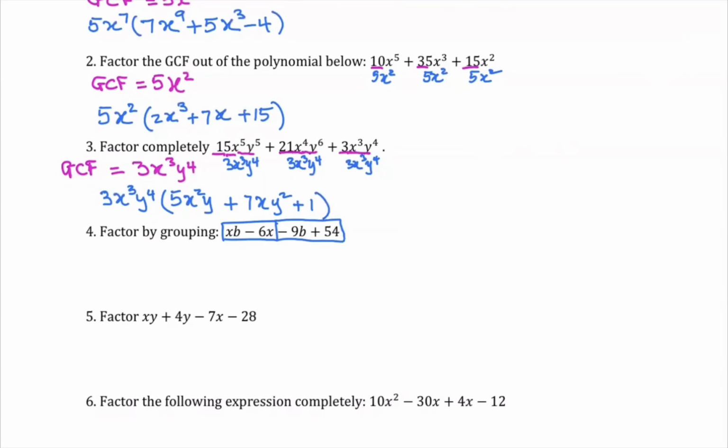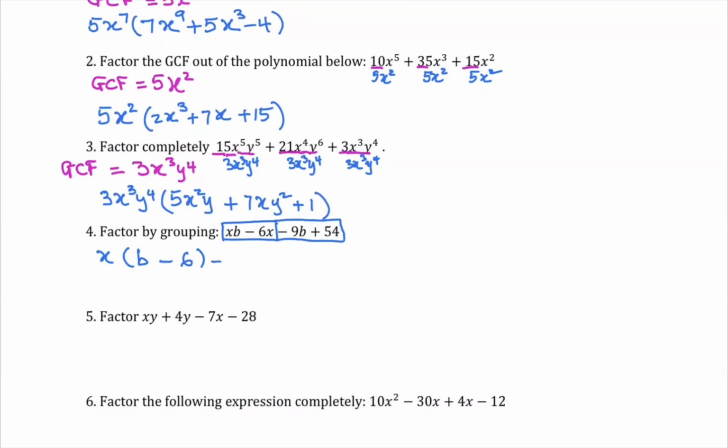So the first group here, what's common is x. We factor the GCF out. So when we factor x out of the first term, what's left is b. So that when we distribute, we get xb, and then there's a minus 6. If we distribute the x again, it would give you xb minus 6x, right? Which is great. So we factor it out. Now let's factor out -9.